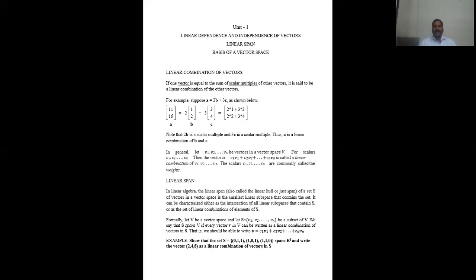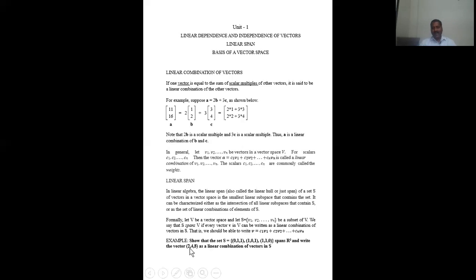We take a generic case. For example, here is an example in front of you. There are a bunch of three-dimensional vectors: 0, 1, 1; 1, 0, 1; 1, 1, 0. And we want to see whether this vector, 2, 4, 8, lives in that space.